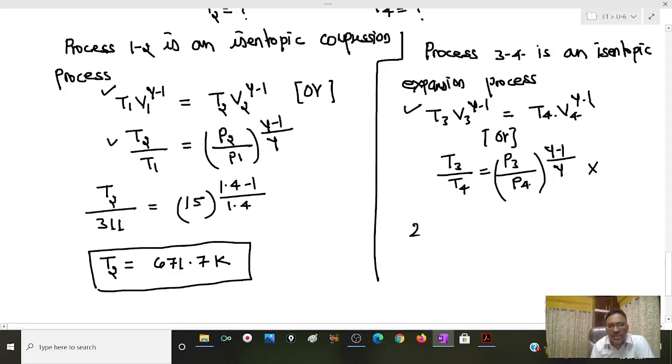So I can use this. T3 is 2223, V3 is equal to V2 actually, to the power 1.4 minus 1. T4 is to be calculated and V4 is equal to V1, to the power gamma minus 1.